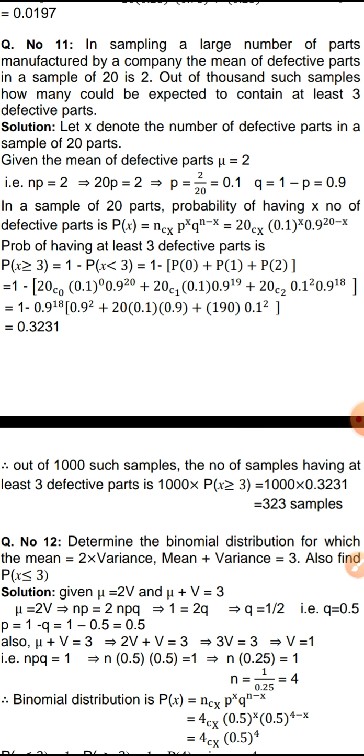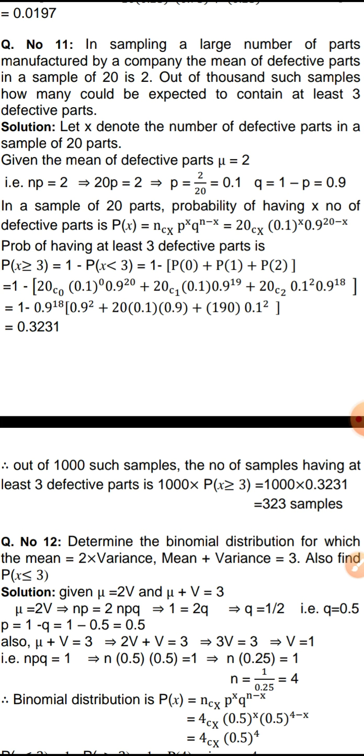So here we have to take x as the number of defective parts in a sample of 20 parts. Consider randomly one sample containing 20 parts. In that sample, let x denote the number of defective parts. It is given that the mean of defective parts is 2, so mu is equal to 2.